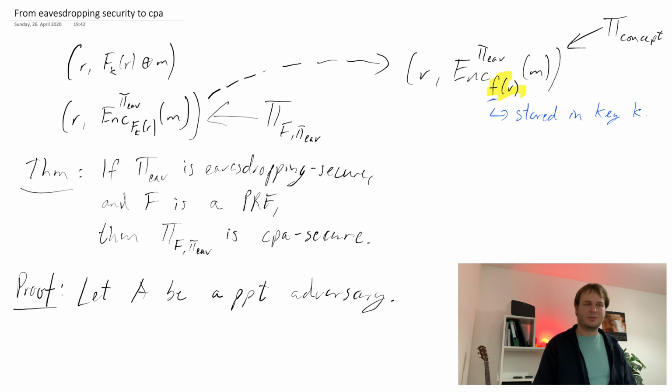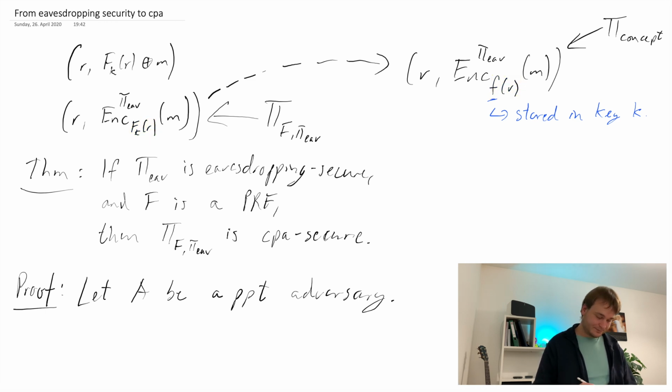As was already noted in the lecture, this is not an encryption scheme because the key cannot be generated in polynomial time. An actual random function takes way too much space to generate. But as a concept, we can use it and we can talk about it like it was an encryption scheme. And now the claim is that A will do just as well against our scheme as it will do against the conceptual scheme.